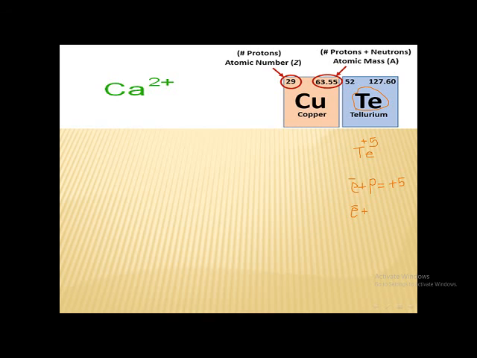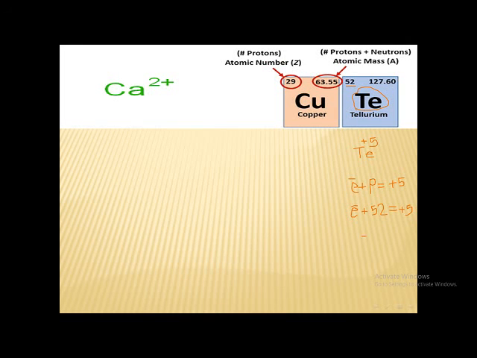So which one of these numbers is the smallest? The smallest number is 52. So the result is plus 5.